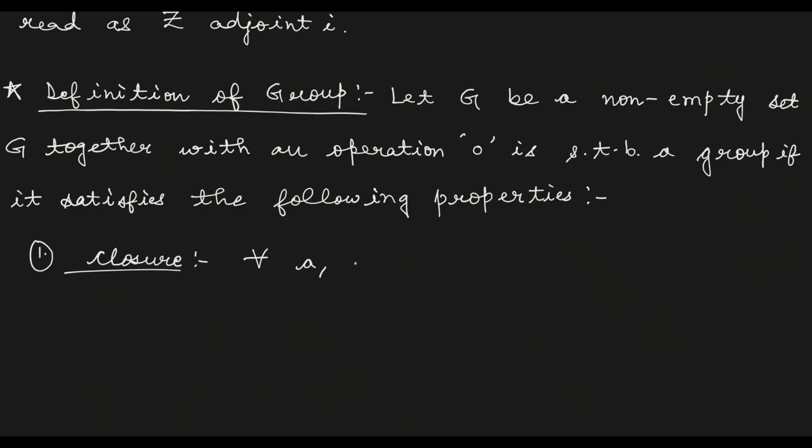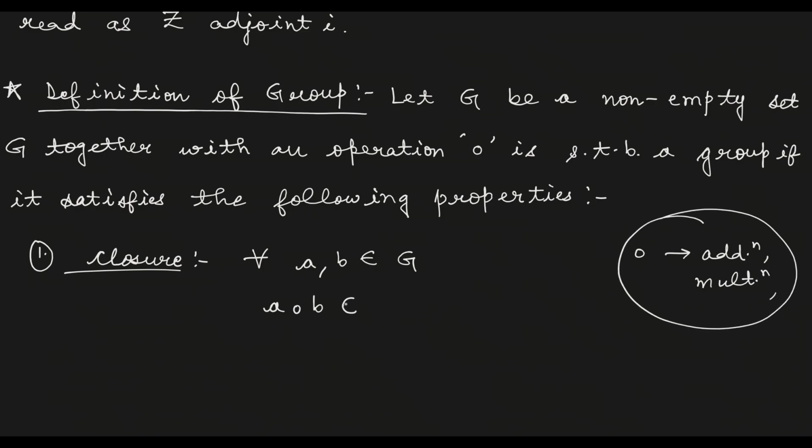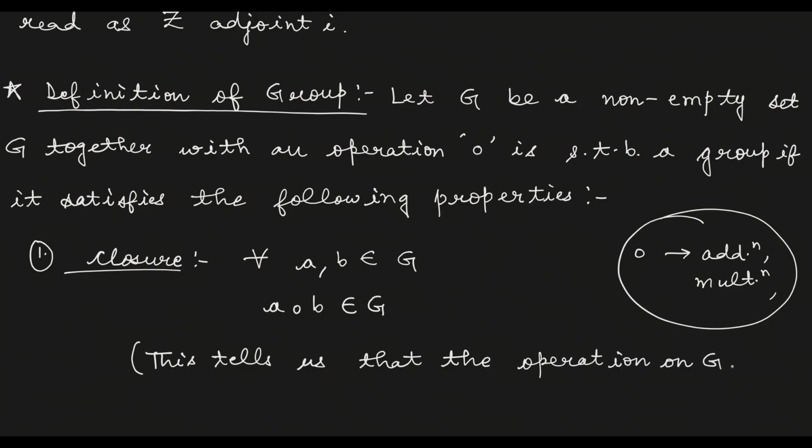For all a, b belongs to G, a operated with b, meaning this operation can be anything. It can be addition, it can be multiplication, any operation which will be defined. This belongs to G. So this property tells us that the operation on G is a binary operation.